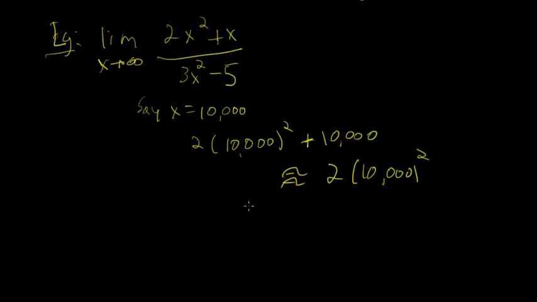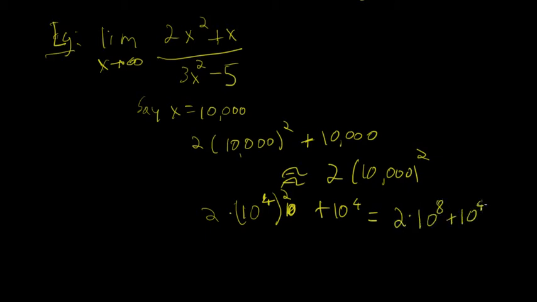Because if you're familiar with scientific notation, 10,000 is 10 to the 4th power, and you're squaring it and then multiplying it by 2, then adding 10,000, which is 10 to the 4th power. So this becomes 2 times 10 to the 8th power plus 10 to the 4th power. And this 10 to the 4th power really becomes irrelevant when you have a 10 to the 8th power term here. So we say this is approximately 2 times 10 to the 8th.